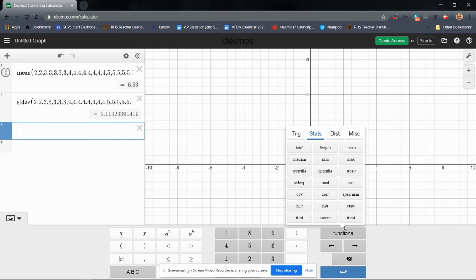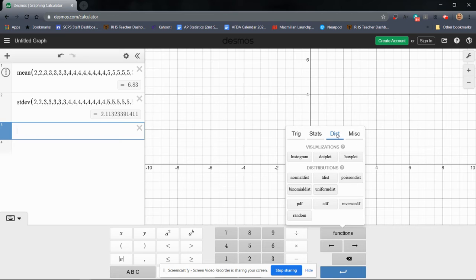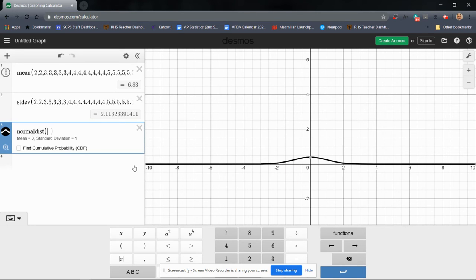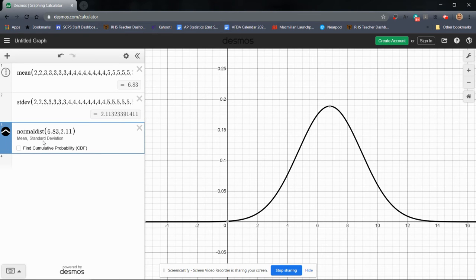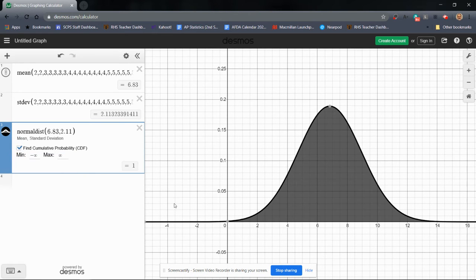To do that, you go over to functions, pop up distribution tab, normal distribution, and you type in your mean. I'm going to use the whole 6.83 and 2.11 for my standard deviation. Now the graph doesn't look good, so I'm going to hit this magnifying glass, zoom fit, and then just to show you there's 100% underneath the curve, I highlight all underneath the curve and there's 100%.